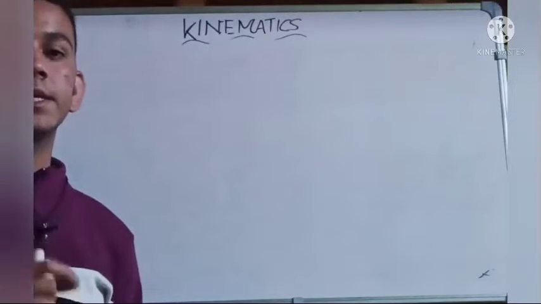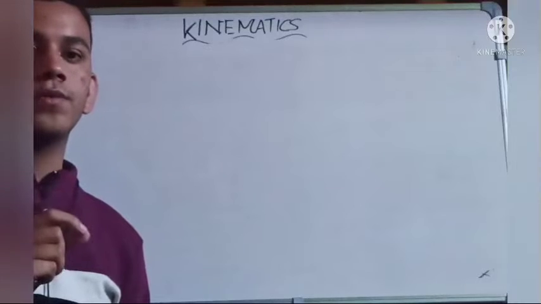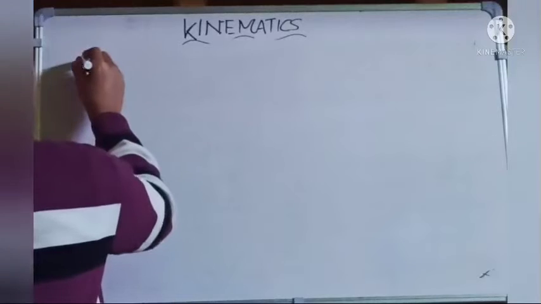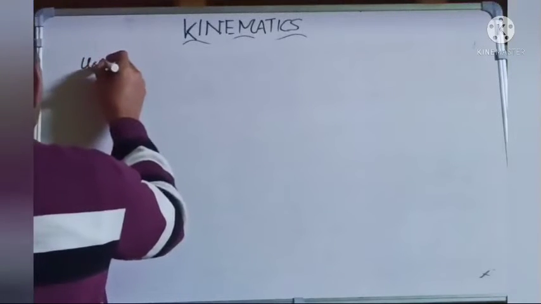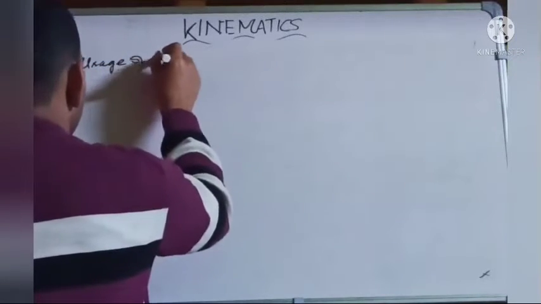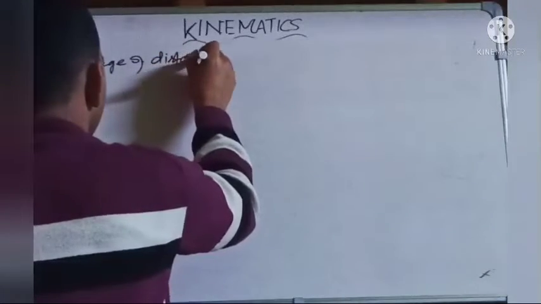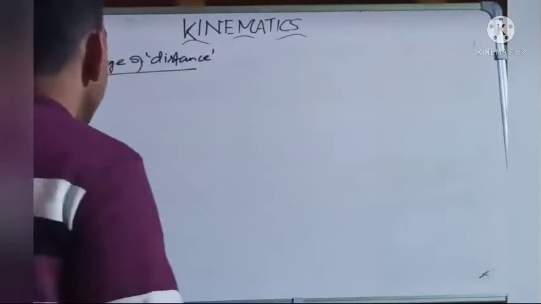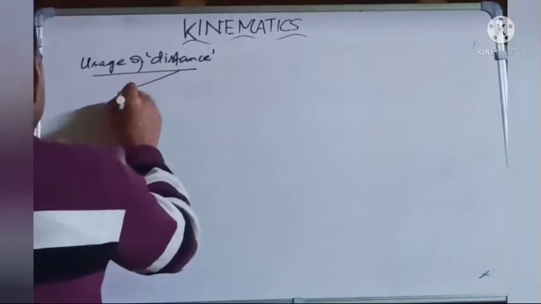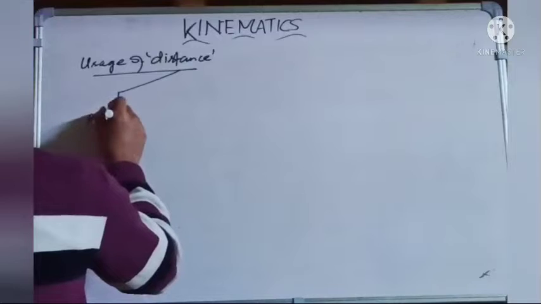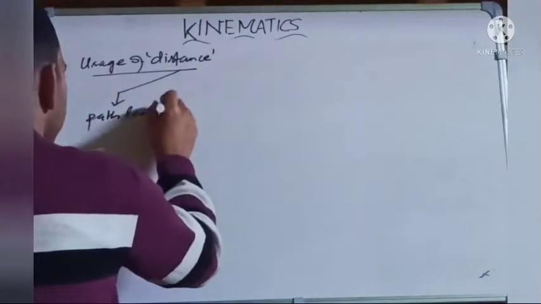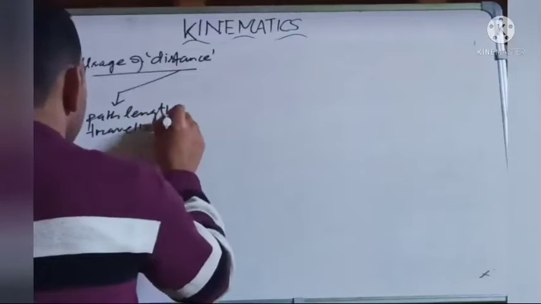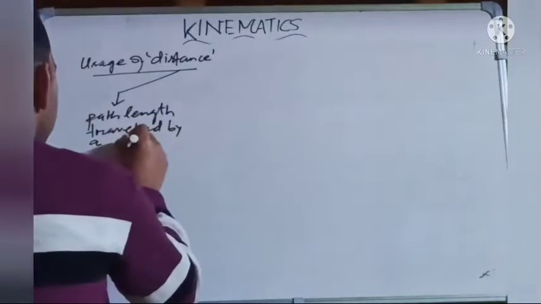Next, let's see the uses of the word distance. The word distance is used to denote two meanings. The first meaning is the path length traveled by a particle.